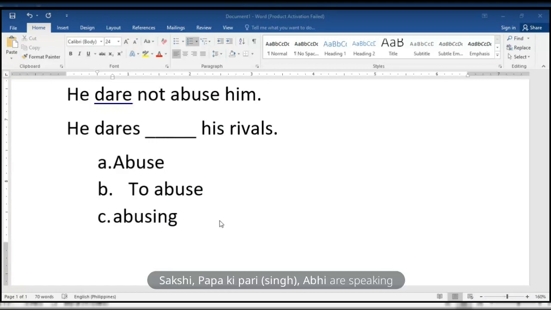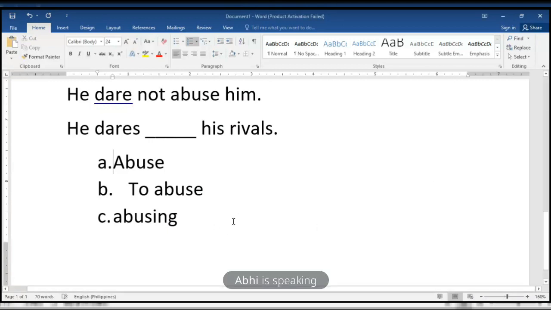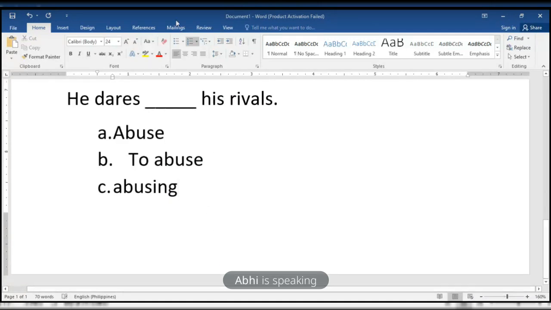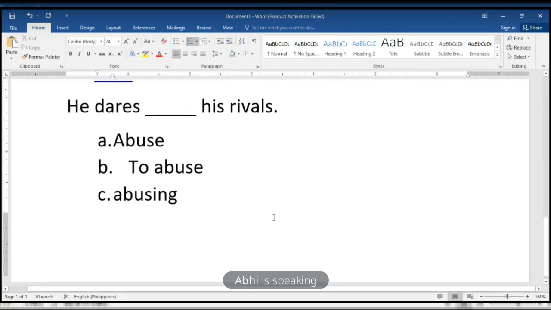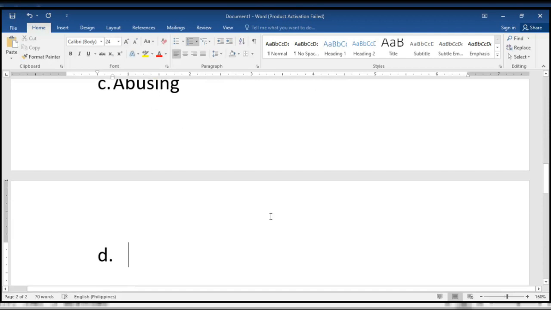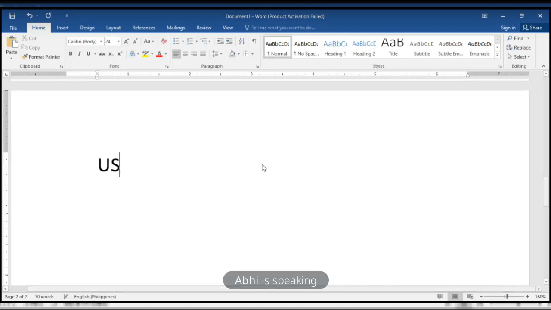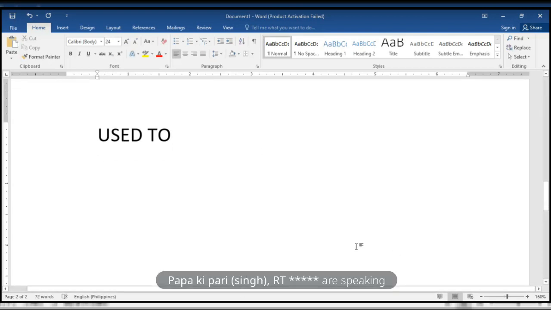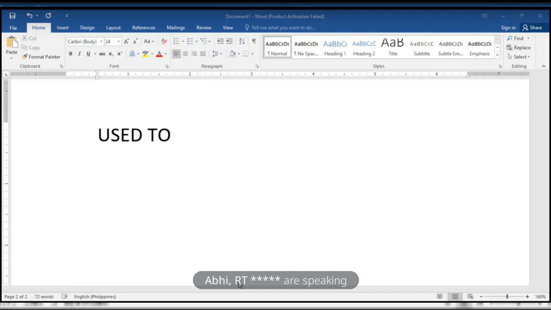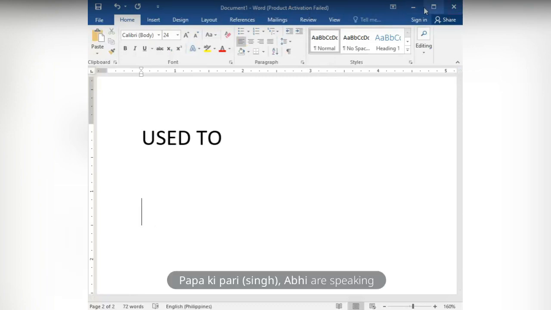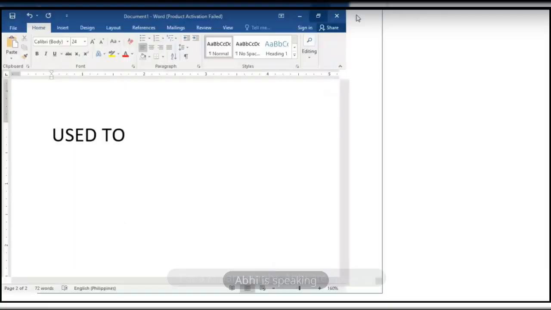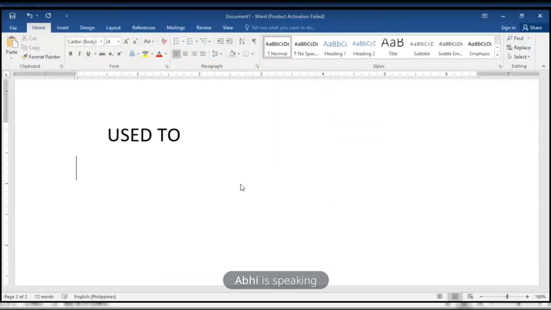Should we jump to the last semi-modal, which is used to? Used to is also used as a modal as well as an adjective.